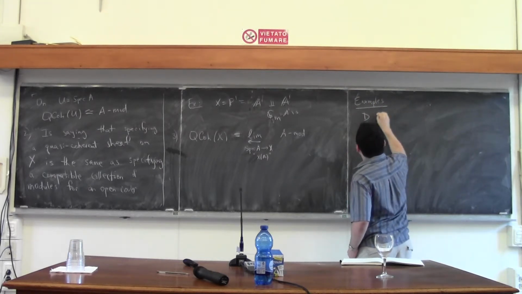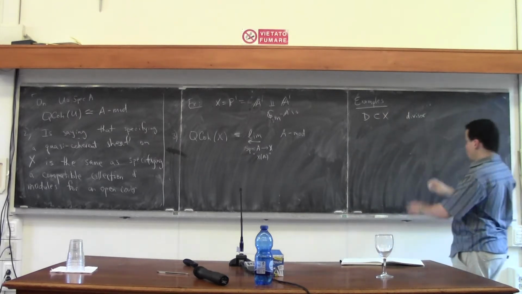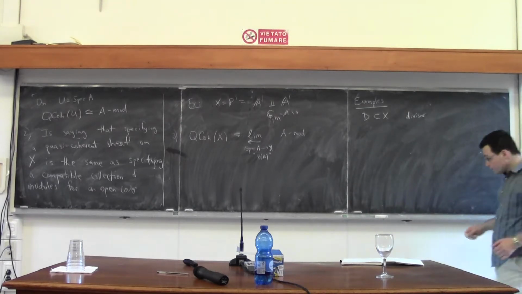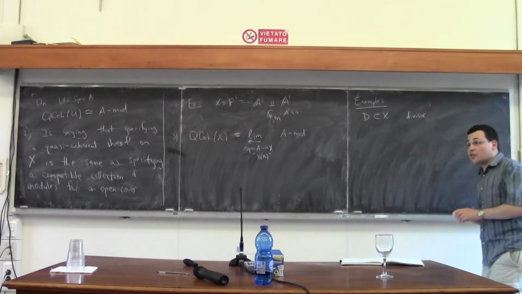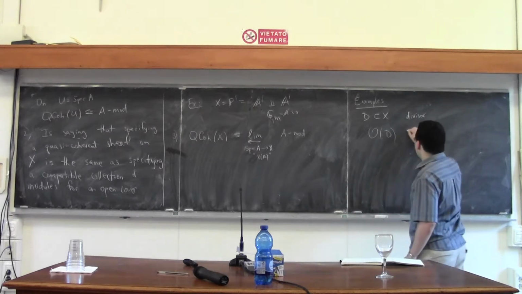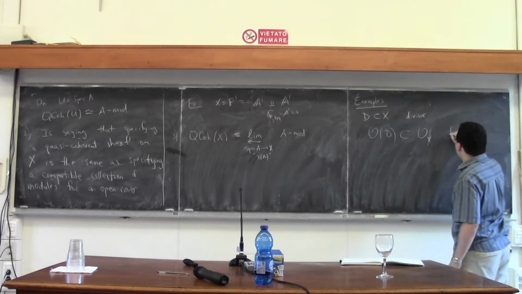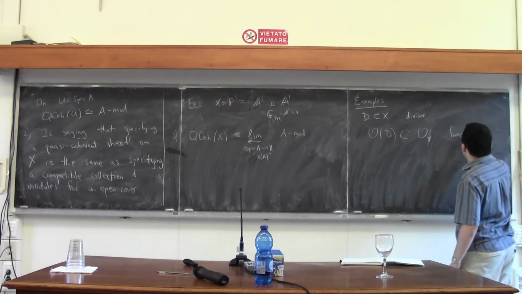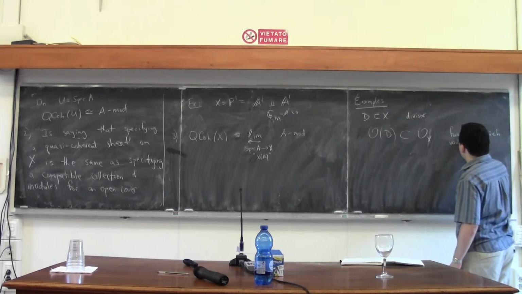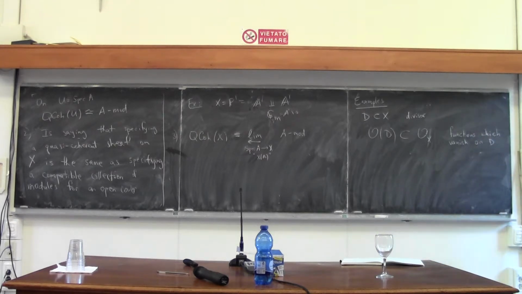So suppose we have a divisor. I hope everybody knows what a divisor is. Here I just mean it's, let's say, a smooth codimension 1 subvariety. And we can define O(-D). This lives inside O_X. This is functions which vanish on D. So, by the way, it's a geometric statement.